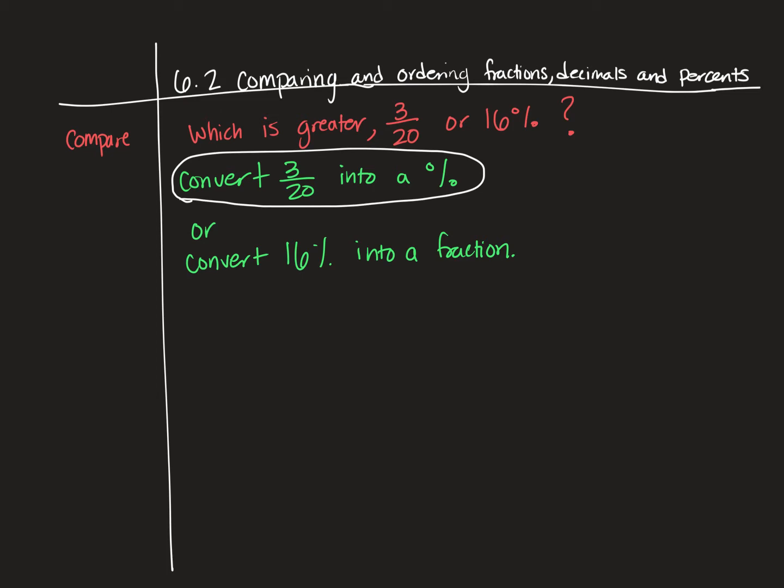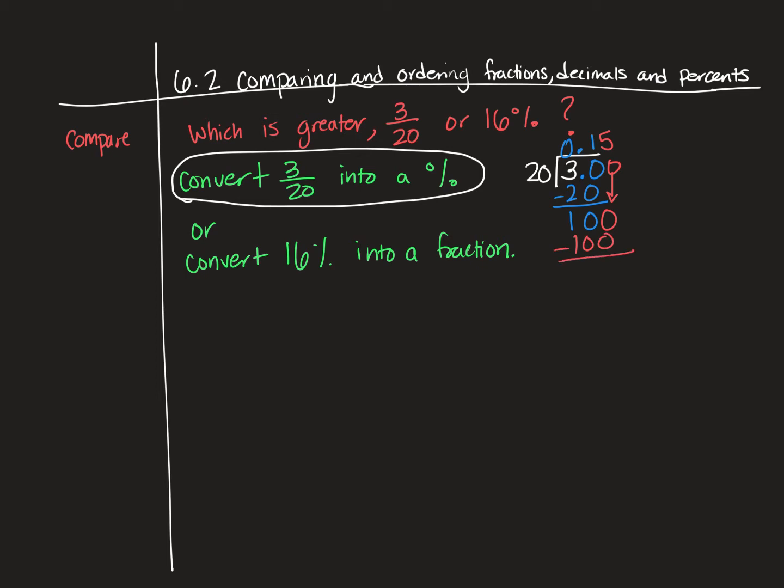So how do I convert 3/20 into a percentage? Remember, this is 3 divided by 20. Well, 20 does not fit into 3. So I'm going to start the decimal process. 20 fits into 30 one time. You have 10 left over. 20 goes into 100 5 times.